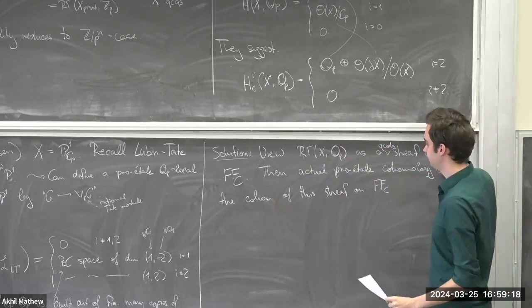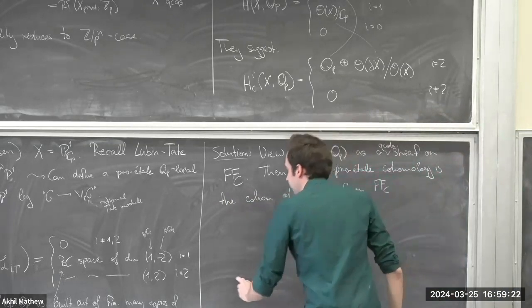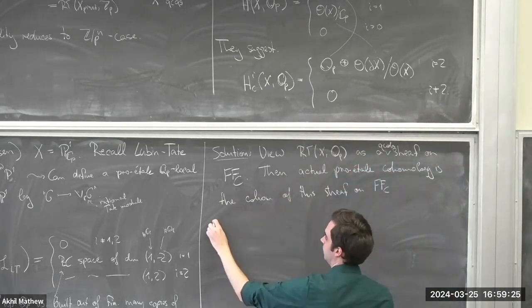And so maybe I should quickly recall what the Clausen-Scholze curve is before I can say how it works for this setting.